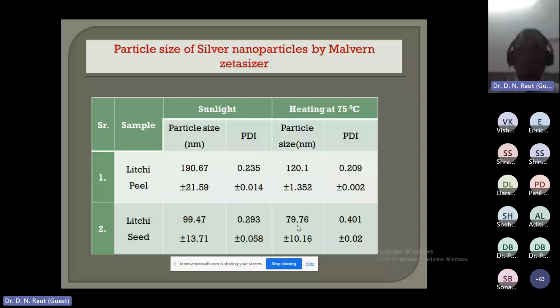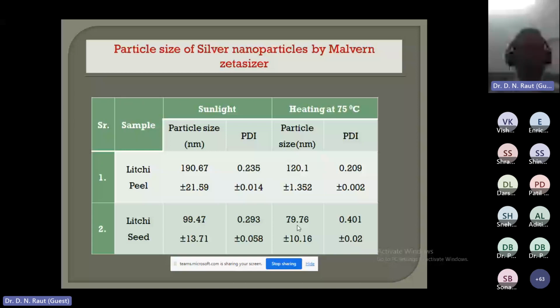You have to use an ultracentrifuge for this purpose. You run it for 20 to 30 minutes, or half an hour, then you will get the separated nanoparticles, and you can remove the upper solution, which does not contain any nanoparticles.